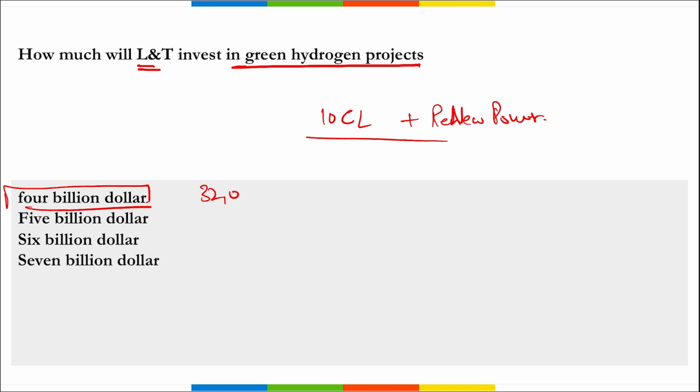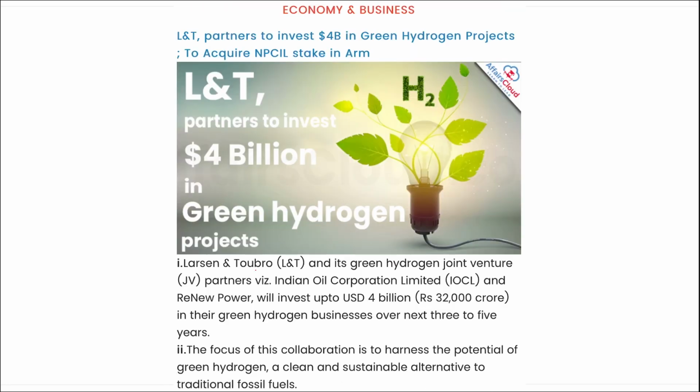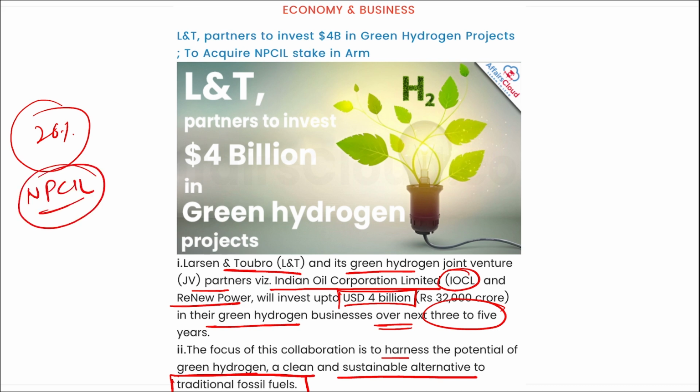That is roughly 32,000 crore rupees in their green hydrogen mission over the next 3 to 5 years. The focus of this collaboration is to harness the potential of green hydrogen, a clean energy and sustainable alternative to traditional fossil fuels. Here, L&T is also looking to procure a 26% stake in NPCIL, that is your Nuclear Power Corporation of India Limited, correct? Mark this.